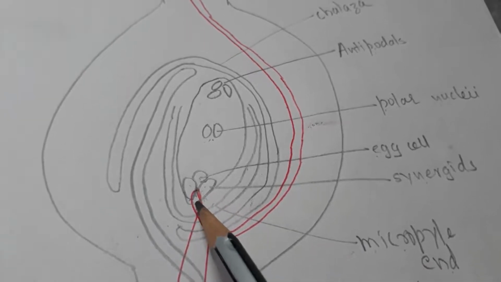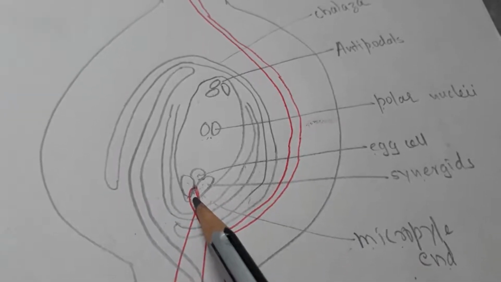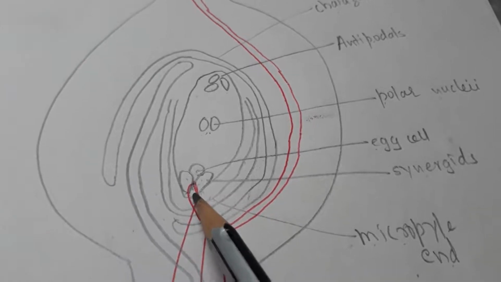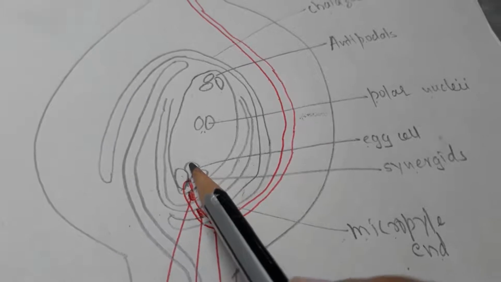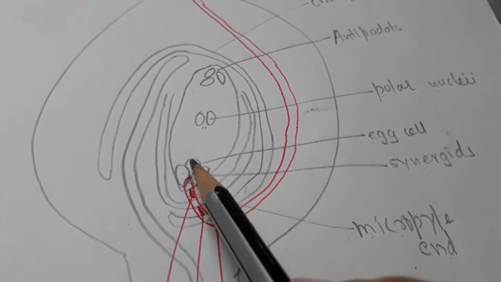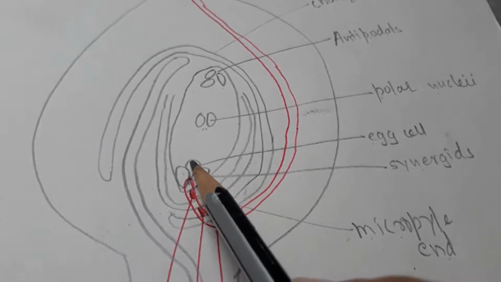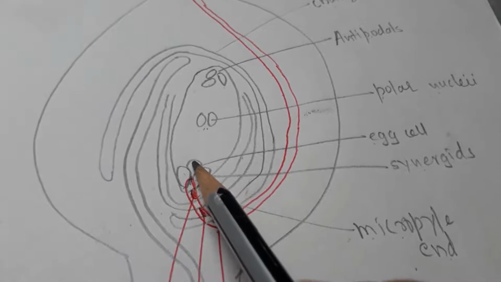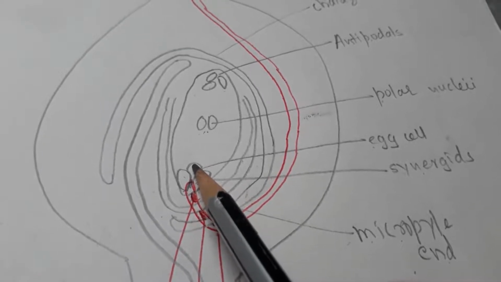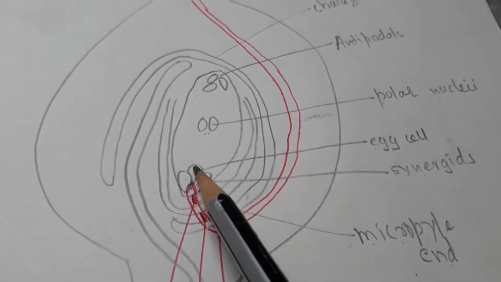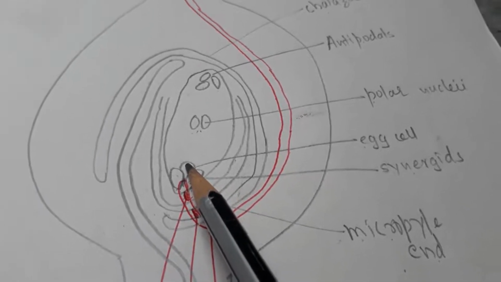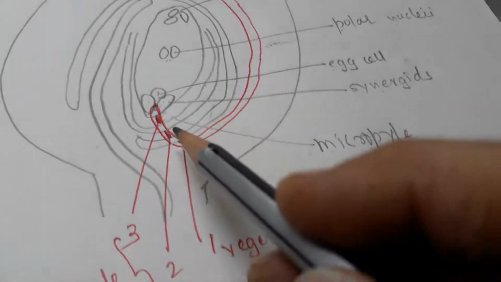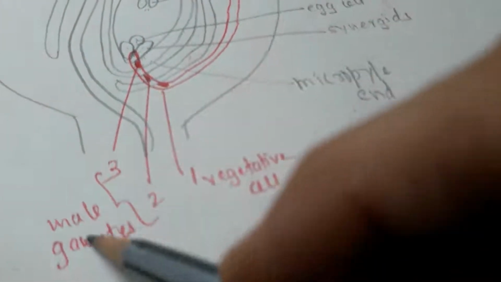One male gamete fusing with the egg cell forms the zygote, the embryo. So what is the chromosome makeup of it? It is 2n, diploid. What is happening to the other male gamete?